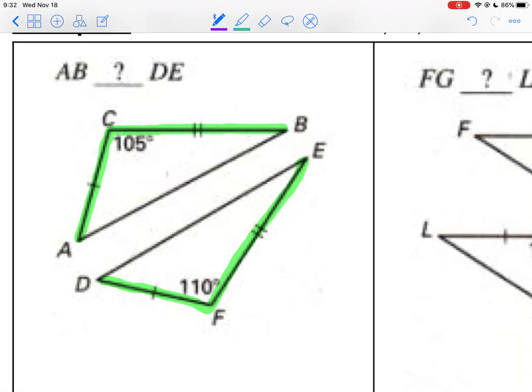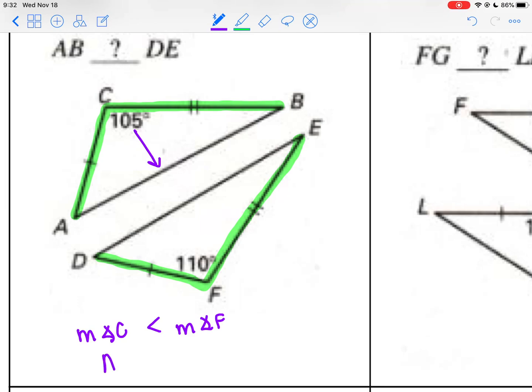So to figure out this relationship, we're going to look at the relationship of the two angles that we have. So the measure of angle C is 105, and the measure of angle F is 110 degrees. So the measure of angle F is greater than the measure of angle C. So the side opposite of C is segment AB.